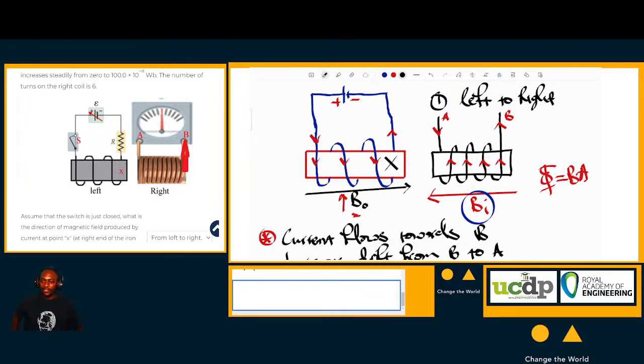If electrons are drifting from B to A, what then would be the polarity of A?